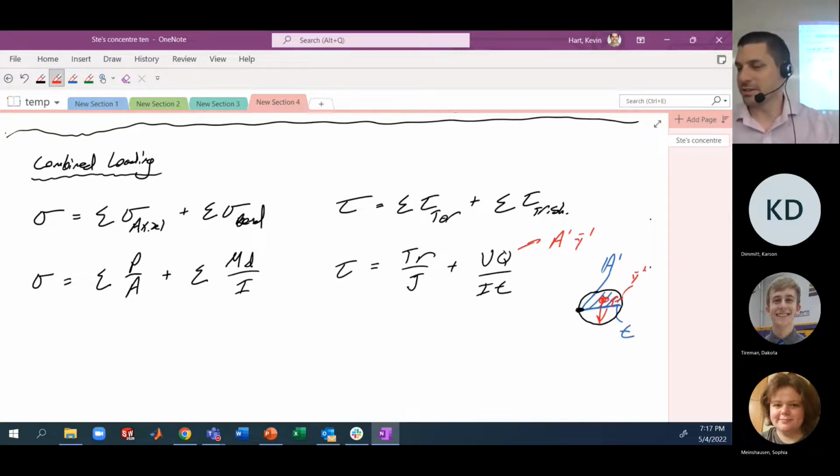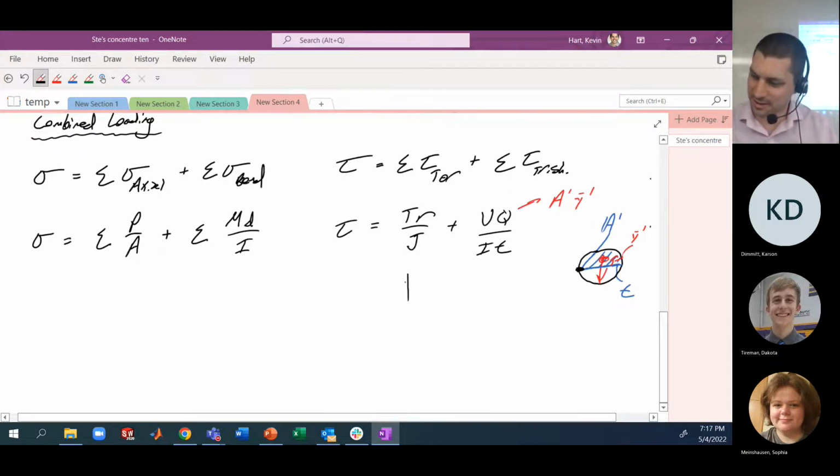You may also just understand that we're doing almost entirely circular cross-sections in this class because this derivation for torsion, TR on J, is only for circular cross-sections, right?